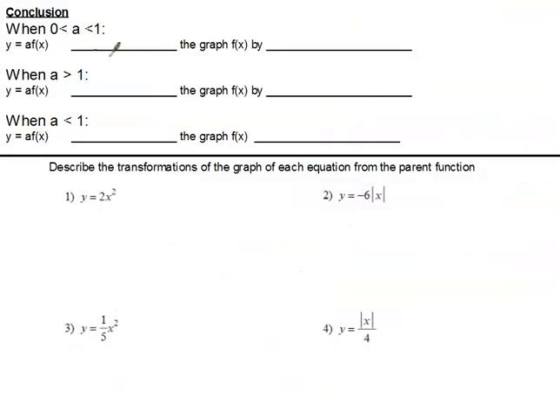So here's our conclusion. We've only talked about multiplying the front, the leading coefficient. If the value that you're multiplying by is between 0 and 1, this is going to shrink the graph, f of x, by a factor of a.